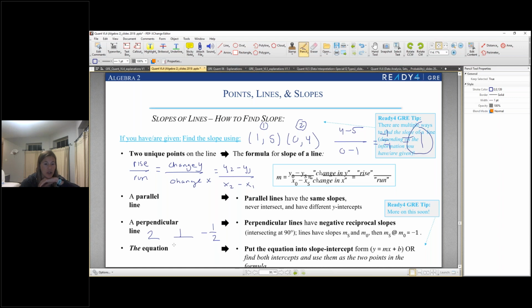If you had a line with a slope of 3/4, the perpendicular line would be -4/3. Okay, so parallel lines have the same slope. Perpendicular lines have negative reciprocal slopes.